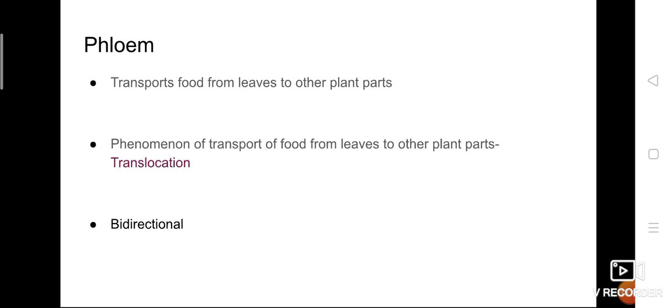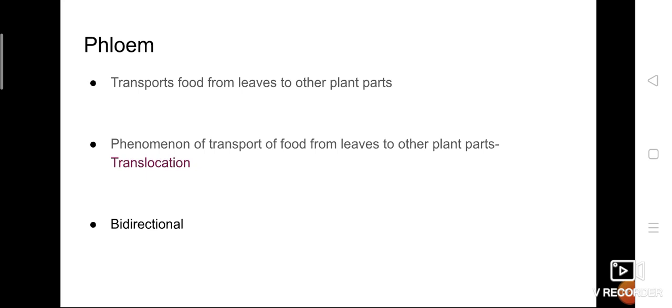So here it is not unidirectional, it is multi-directional, or we can say it is bi-directional. Bi means it's two-way, not a single way, because preparation of the food takes place in the leaves, roots are present down, so it has to travel down also. Some other branches might be present on top of the leaves, so even from the leaves to the top of the plant, it's a multi-directional way.